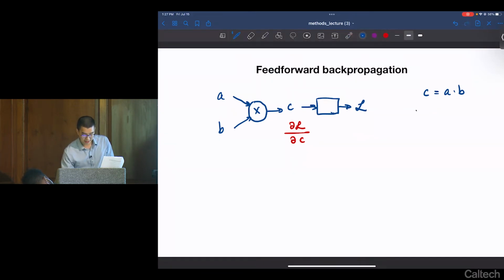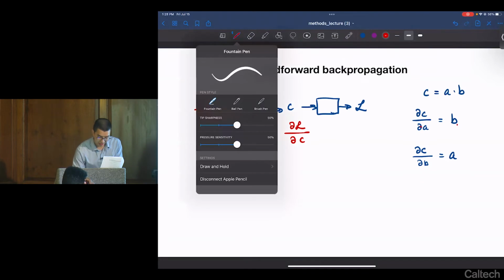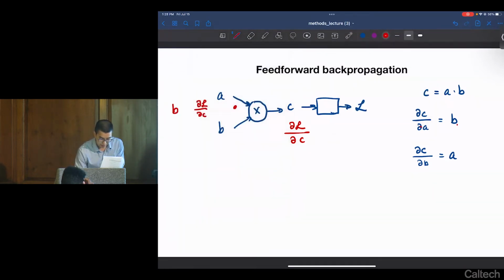And in this case, dC/dA is just equal to B. And similarly, dC/dB is equal to A. If I just differentiate C equals A times B. And so what that tells me is if I want the gradient over here, I'm going to take dL/dC, and multiply it by dC/dA, which is B. Right? So the gradient here is going to be B times dL/dC, and the gradient over here is going to be A times dL/dC.